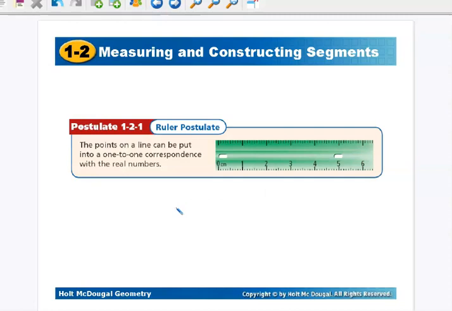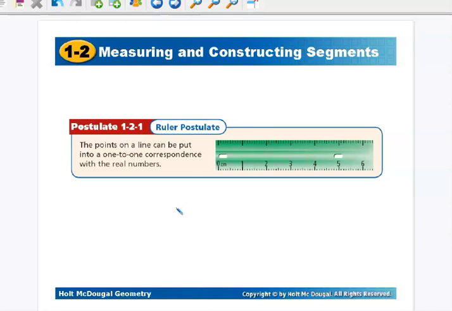The ruler postulate. Now, some of these postulates we go through are going to seem very basic, very intuitive, I guess. Just bear with them. We need them to be able to construct beyond the basics of geometry. So the ruler postulate is 1.2.1.